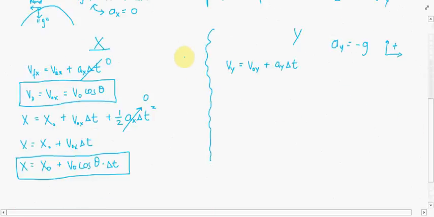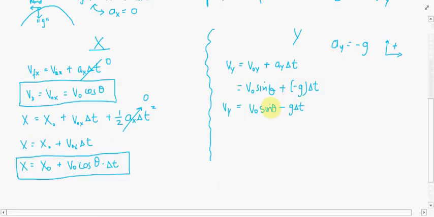So the final velocity of a projectile is equal to its initial velocity, which is v sub naught sine of theta, plus this acceleration in the y direction, which is just negative g times the change in time. So the final velocity in the y direction is equal to v sub naught sine of theta minus g delta t.